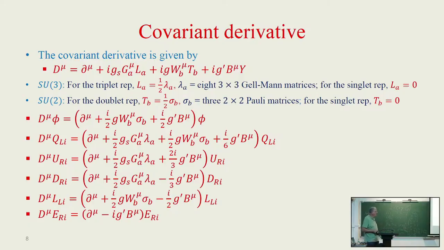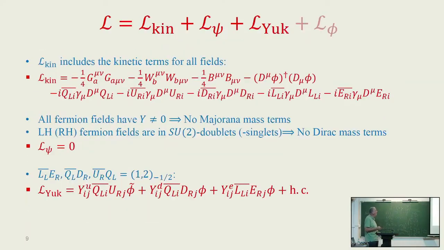D right i is also a triplet of SU(3) and a singlet of SU(2), so the same term here, and hypercharge minus 1/3. Again, all this comes from the assignment of representation to each of these, up to these three numbers, g_s, g, and g prime, which need experiments to know what they are.